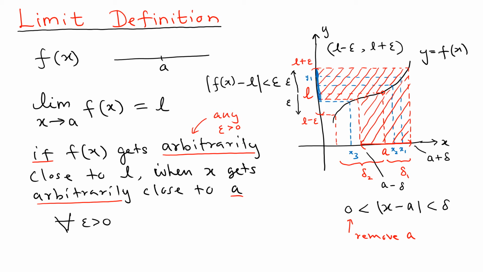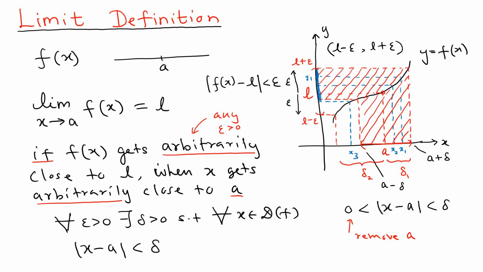Once you pick a random epsilon, that gives you the corresponding delta value, such that for any value x in the domain of the function, if x is within delta from A, and also is not equal to A, then it implies that the function value is in the epsilon neighborhood of L. That's where the epsilon delta definition comes from.